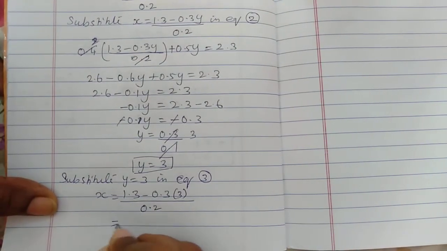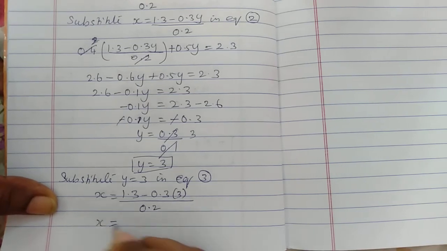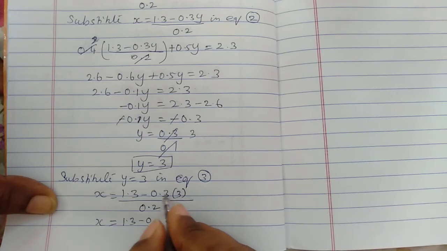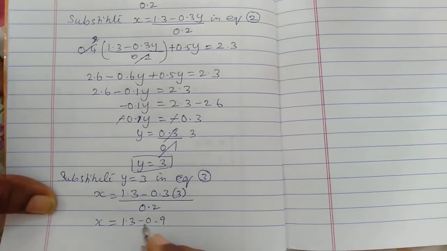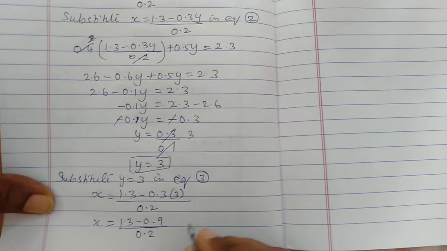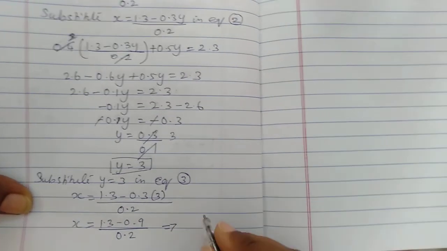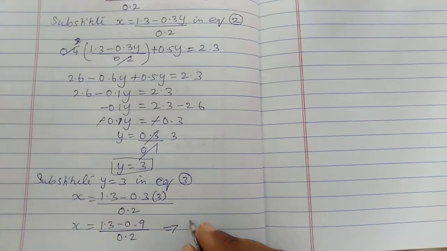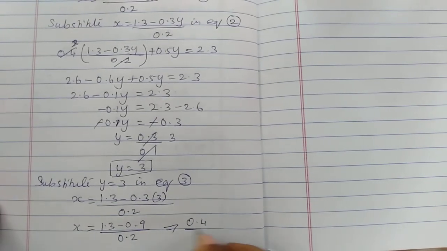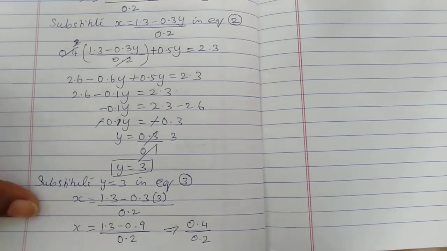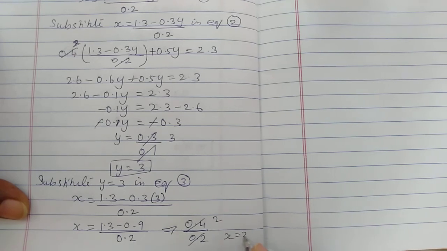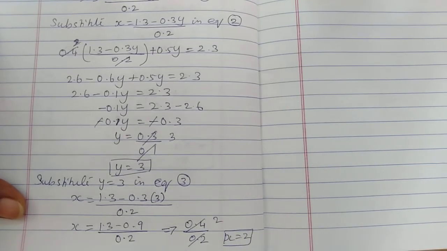Okay, now x is equal to 1.3 minus 0.9, since 3 threes are 9, so 0.9, by 0.2. Now 1.3 minus 0.9 is 0.4 divided by 0.2. Here I can cancel, this goes 2 times, so x is equal to 2. This is our value for x.